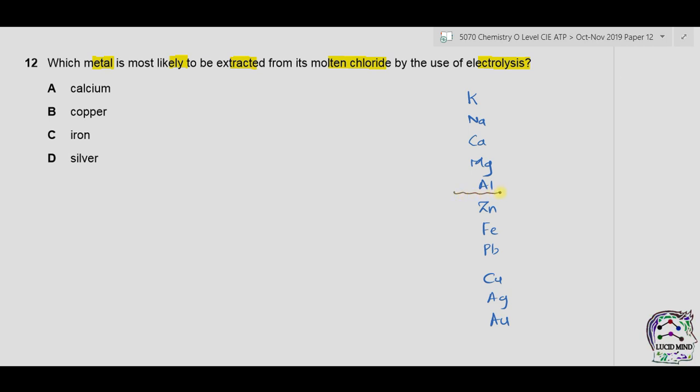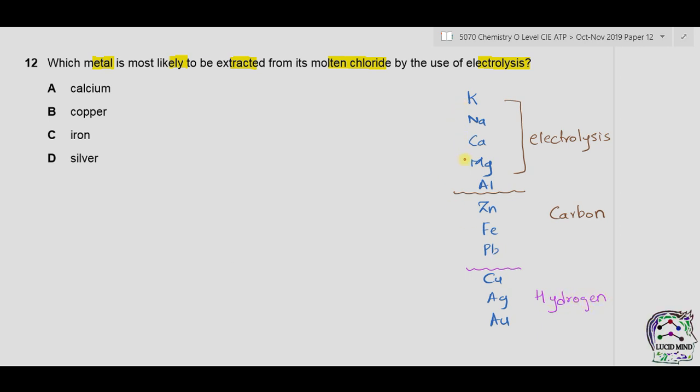Now metals above aluminum are all extracted by the process of electrolysis. This is because they are reactive compounds and they form very strong bonds. While the metals below aluminum can be extracted with the help of carbon, as carbon is able to reduce the oxides of these metals, while the metals present below lead are so less reactive that they can also be reduced by hydrogen.